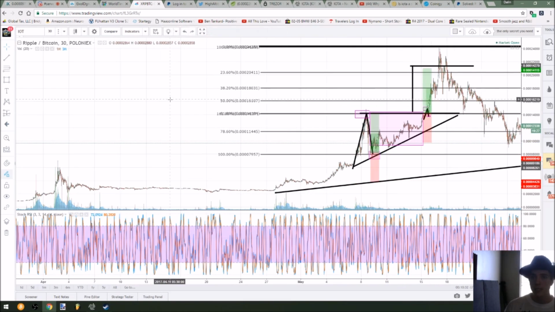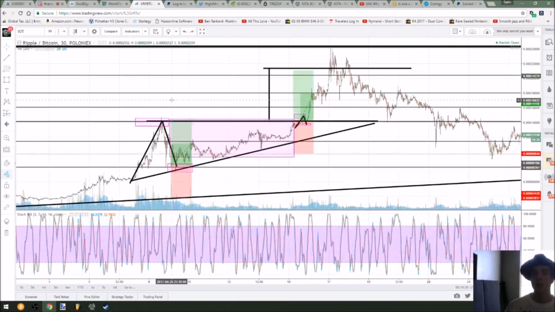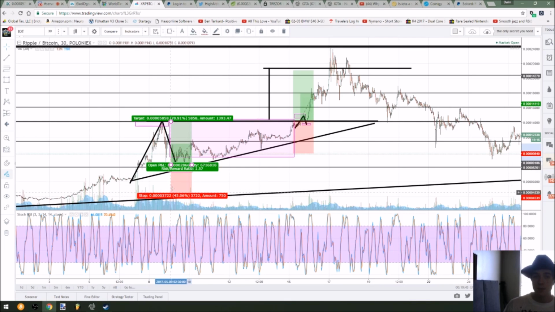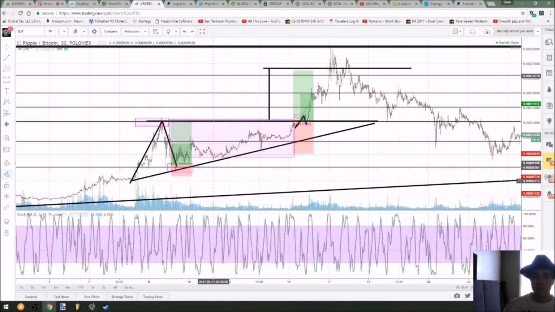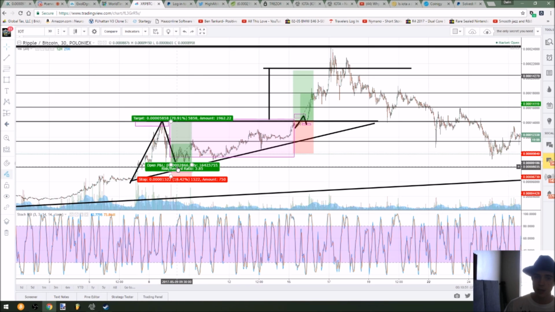Now, the reason that you use setups is for risk and reward. If you're looking for something with a good risk to reward ratio, this is a good setup. If you have your stop down here at 10%, it's very unlikely it will break below the low if you enter here in the ascending triangle.